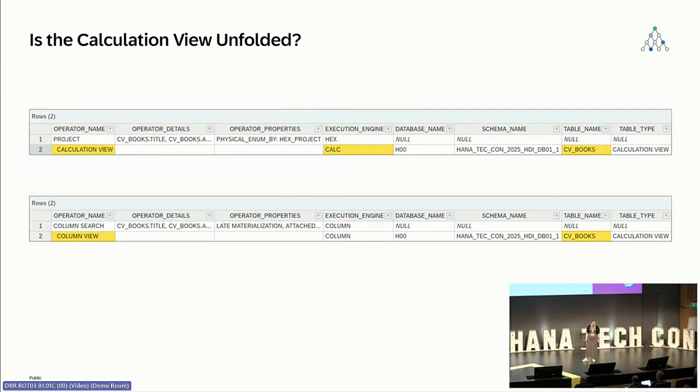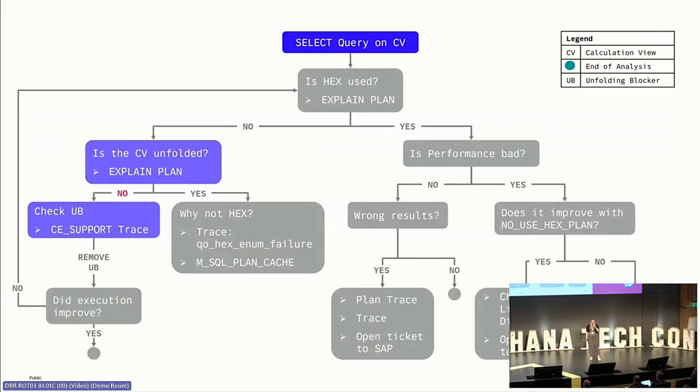If we see that the HEX engine is partially used and the last operator is a calculation view, then we have a calculation view unfolding issue. As well, if we use the legacy engine entirely and we see column view as the last operator, then we also know that the calculation view is not unfolded. We can also see, in the column table name, directly which calculation view is causing the unfolding blocker.